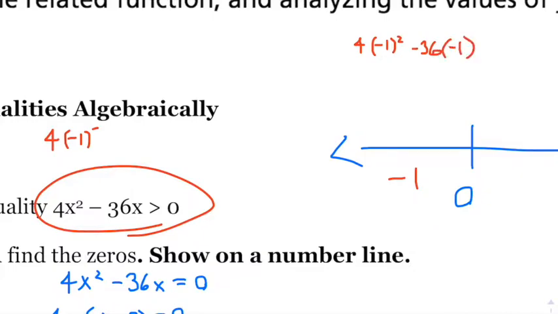All right, first of all, -1 squared is positive 1, so that'll be positive 4 right there. And then negative times a negative would be positive 36. So that'll come out to 40. And 40 is absolutely greater than 0. So since that is a true statement, we're going to shade this region.